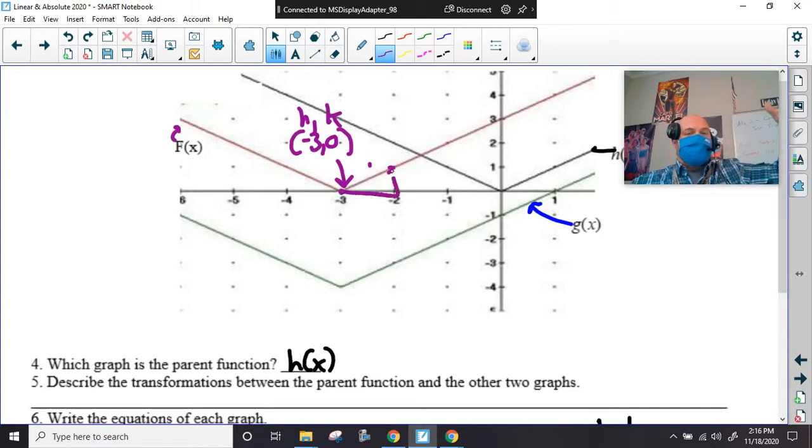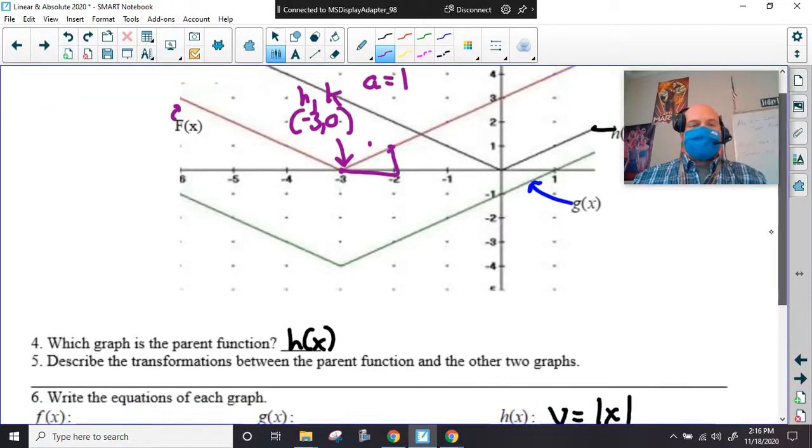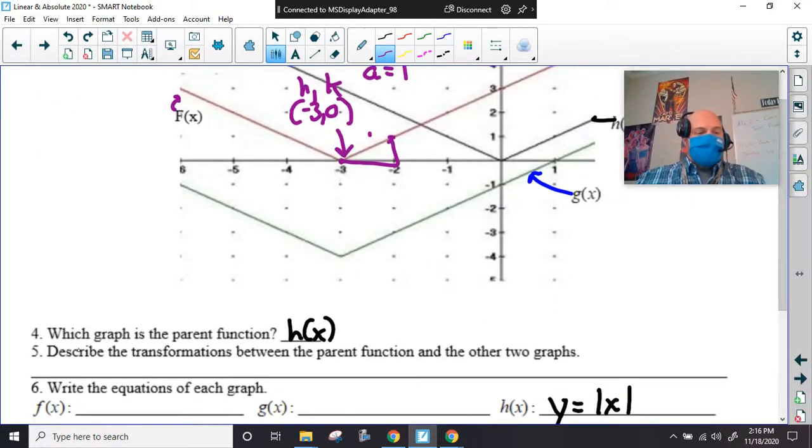This went over 1, up 1, so our a right here is 1. And if we're describing this in our f of x, its transformations, I don't need to do an arrow because that's actually how we're saying our transformations. This one's just moved to the left 3. So arrow, 3.